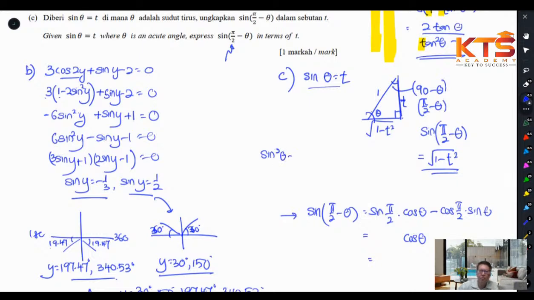Sine square theta plus cos square theta equals to 1. So I will say cos theta equals to root of 1 minus sine square theta. And I know sine theta is T. Is it the same answer? Yeah, same answer.